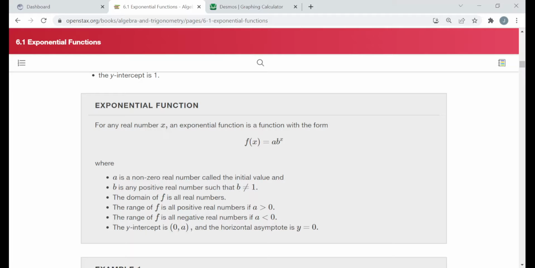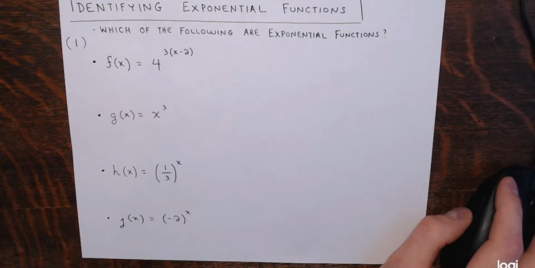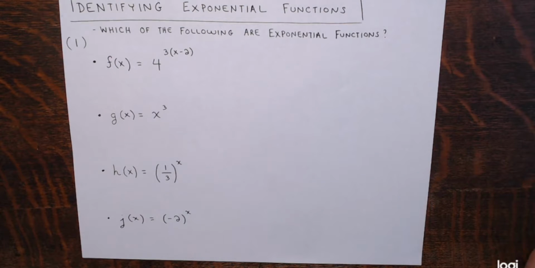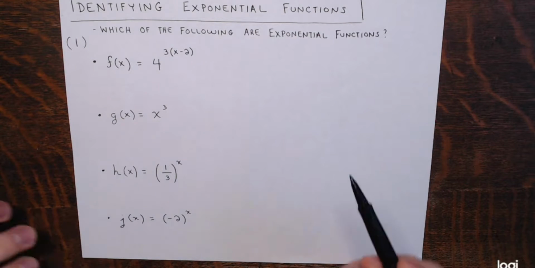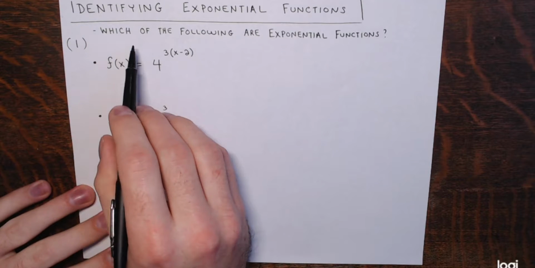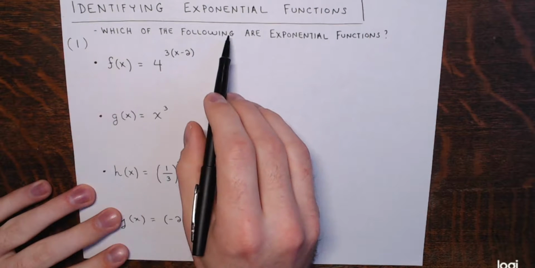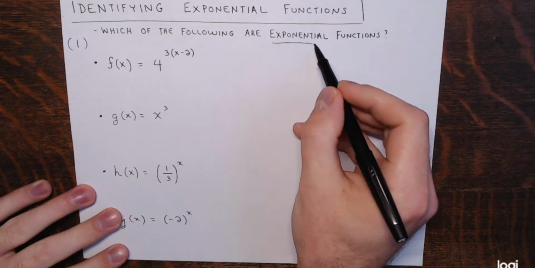Now the examples related to this objective here are, if you're given a function, can you identify if it's an exponential function or not? Alright, so I'm going to write up the same stuff that they had in that box. So here I have my first example. Which of the following are exponential functions?